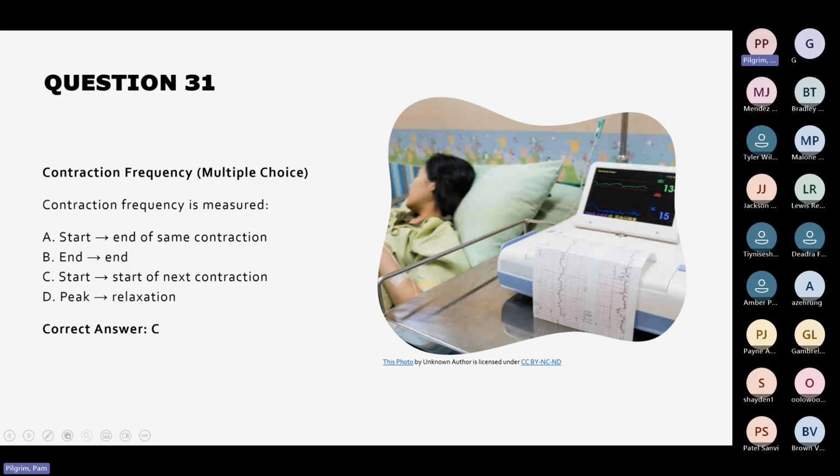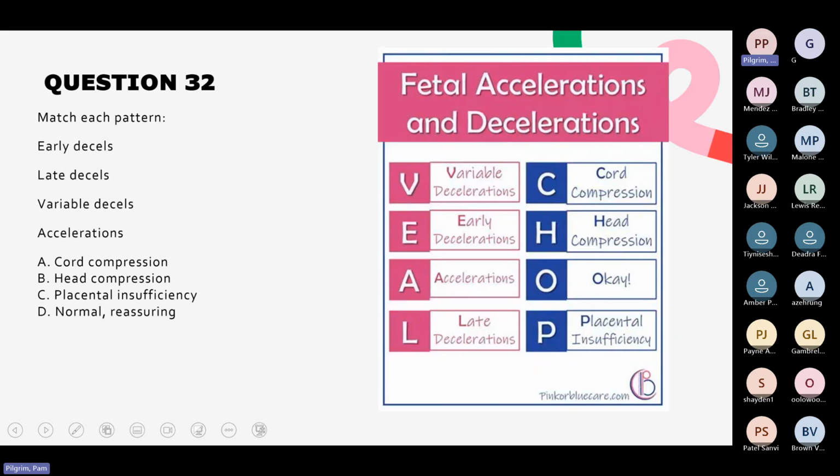Now, if we look at the start of one contraction to the end of the same contraction, that's duration. That's how long it lasts. And then the time in between the contractions is the interval. And I think that was on one of the tests before.